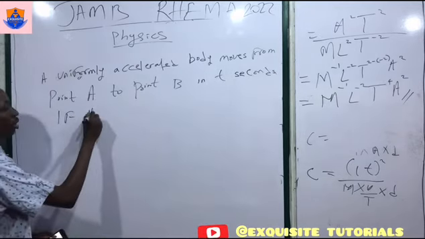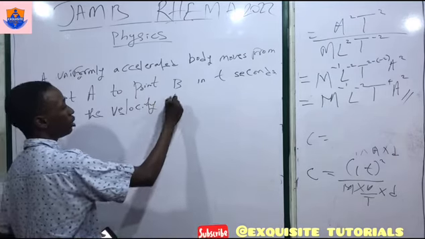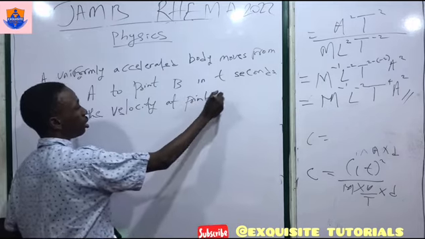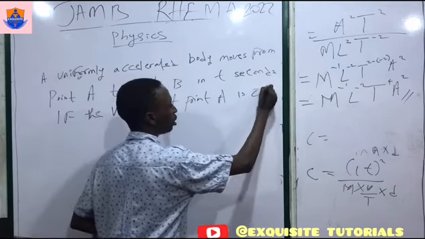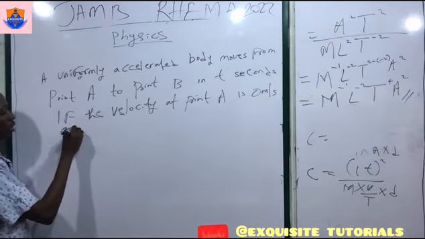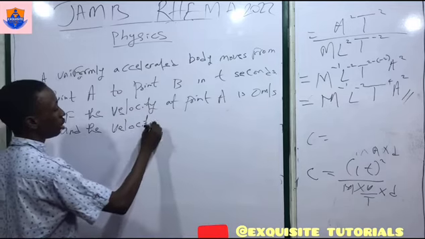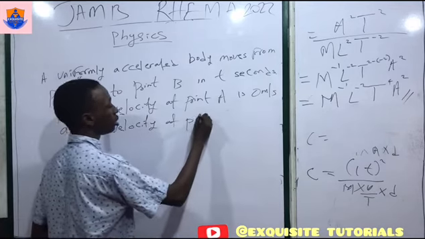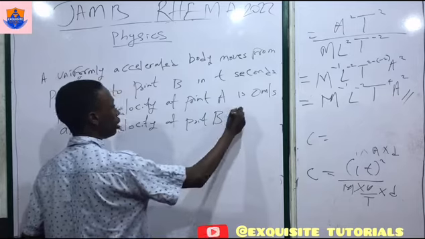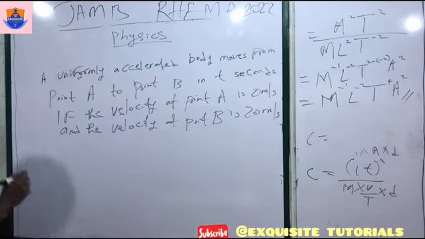If the velocity at point A is 0 meters per second, that means it actually started from rest, and the velocity at point B is 20 meters per second.